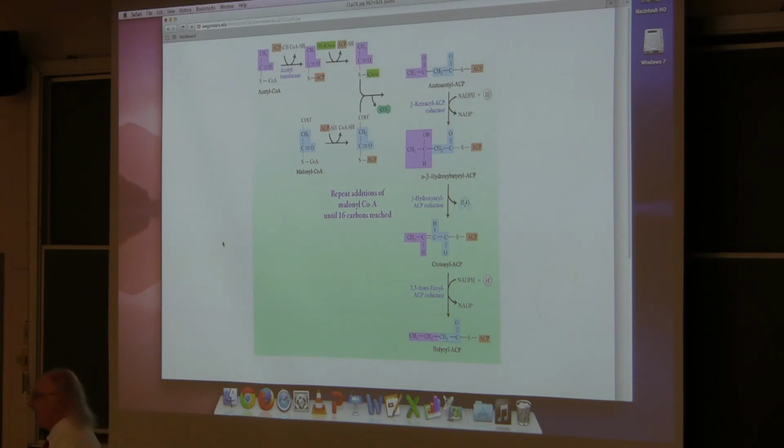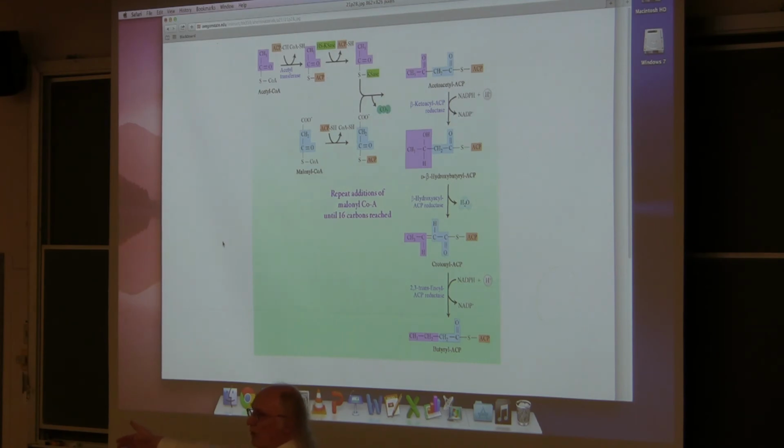In order to have a fatty acid, we have to have all carbons and hydrogens. So we've got a carbon and an oxygen out here. We want to make sure we've got carbons and hydrogen out there. That means, therefore, that we need to reduce that ketone that's on carbon number 3. And that's the opposite of what happened in fatty acid oxidation, because in fatty acid oxidation, we went from a carboxyl to a ketone.